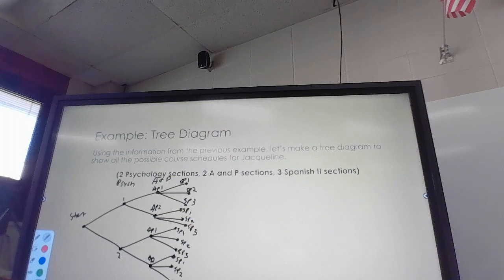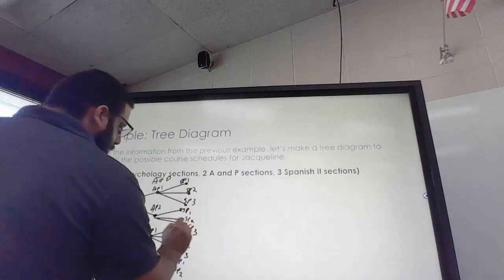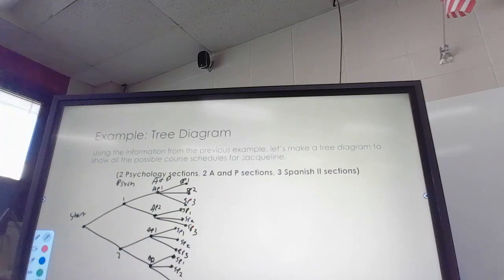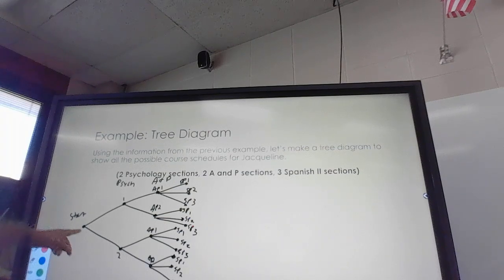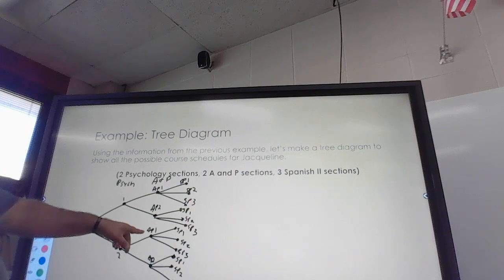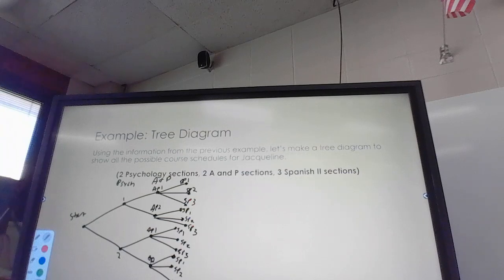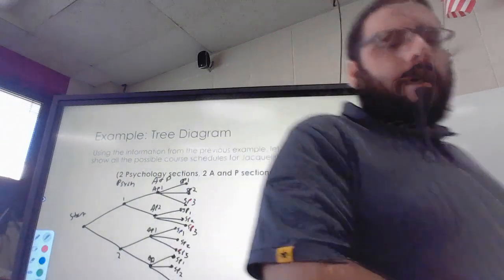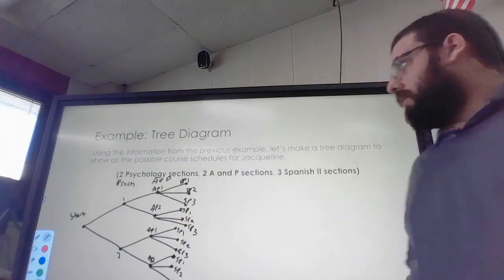So not only can we see that there are 12 different course selections she can choose from, like we mentioned earlier, but we can also see some individual selections. Like for example, let's say she chooses this psych course with this AP course with this Spanish 2 course. So it's just a visual representation of what a tree diagram looks like.